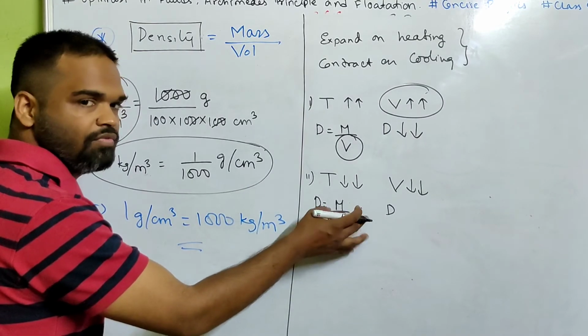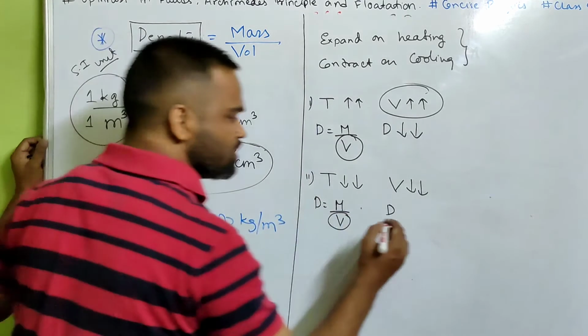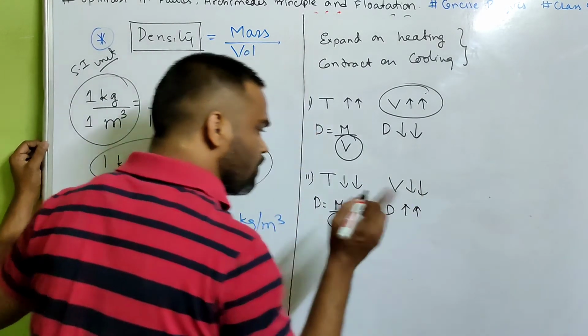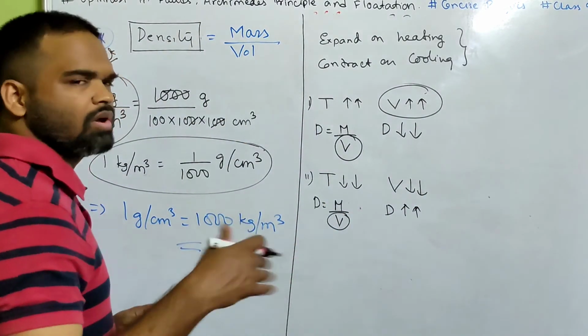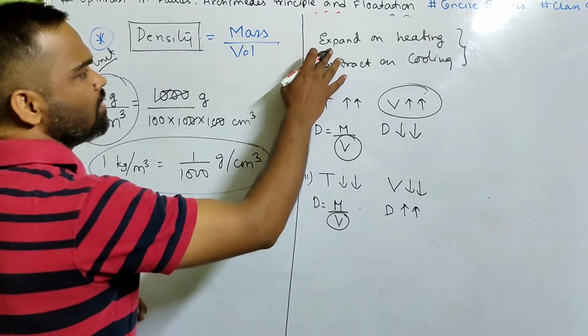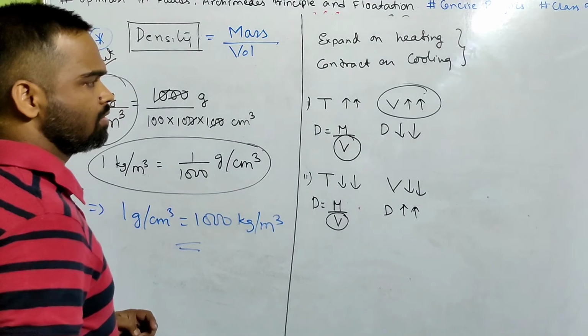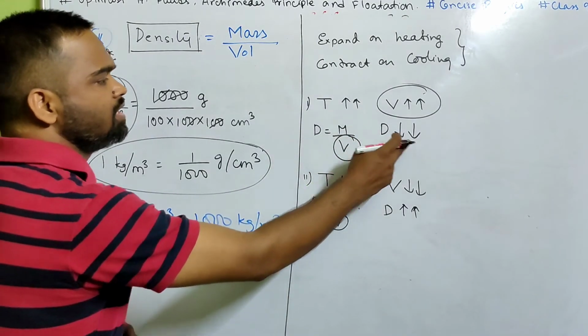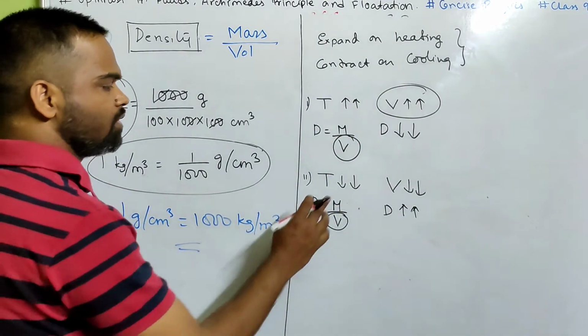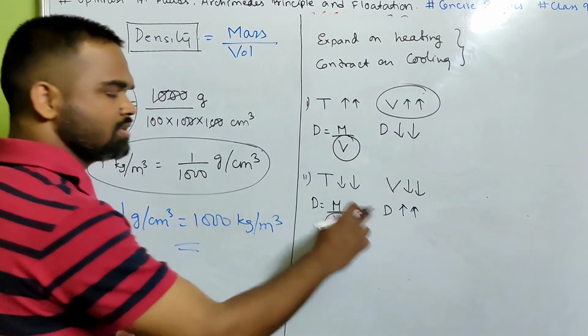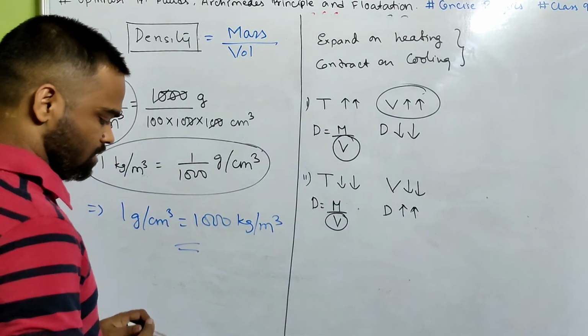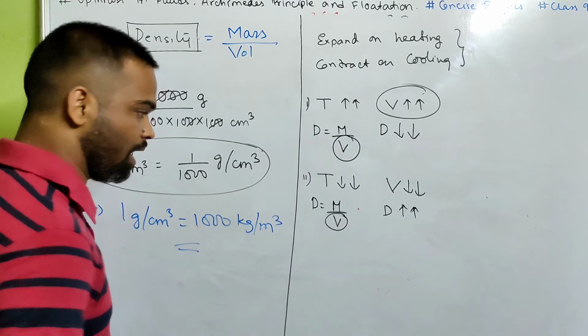So the whole fraction will increase, which means density increase. So for most of the solid, liquid or gases, which expand on heating and contract on cooling, if you increase the temperature, the density decreases, and if you decrease the temperature, the density increases. But we need to discuss about water.